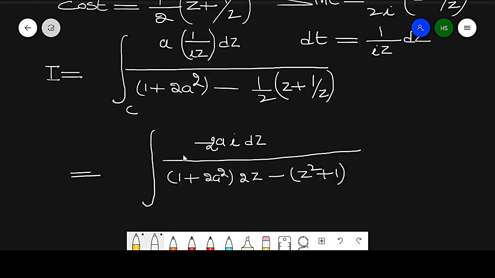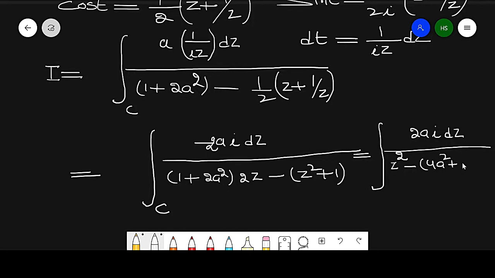Now if we multiply by the minus term, this will become integration over c of 2a iota into dz over this value: a z square, then minus 4a square plus 2 into z, this 2 is multiplied by this, plus 1.